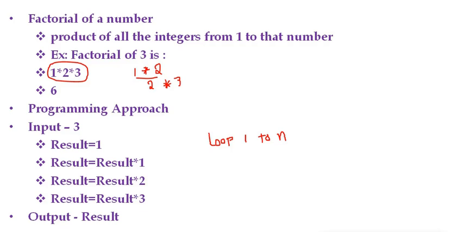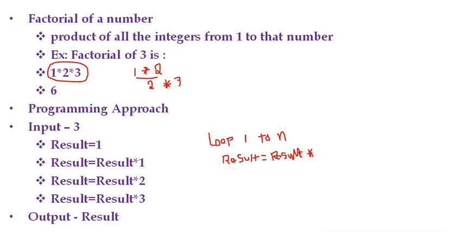Now what is the expression? Result into 1, result into 2, result into 3 means here the number is incremented by 1. So I can write it like this: result equals result into, and already we initialized the result with value 1, so that the first multiplication value can't change.